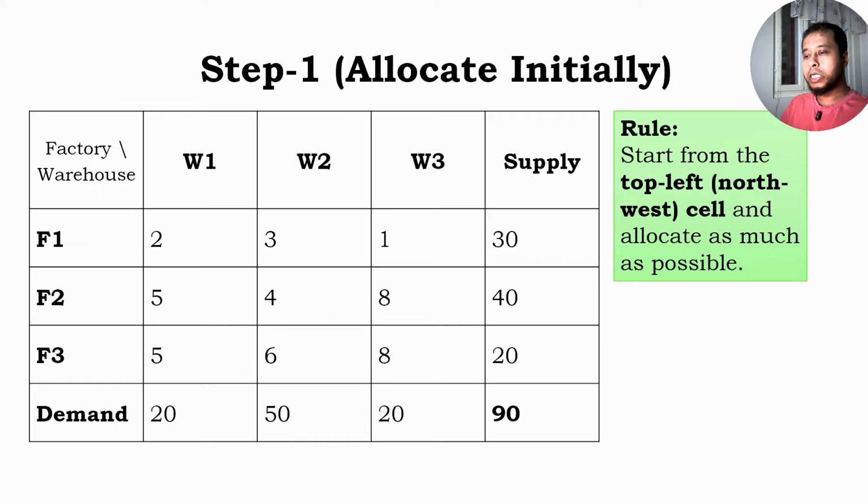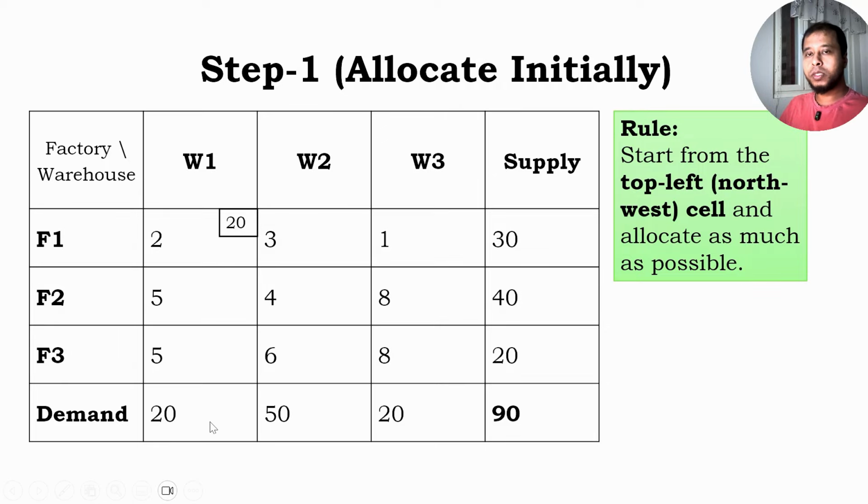Our top left cell is F1 W1, and we have to allocate here as much as we can. So we can allocate 20 units there because the demand for W1 is 20.